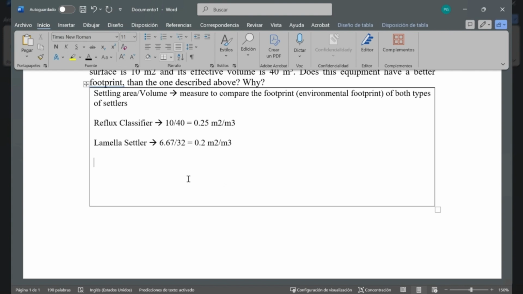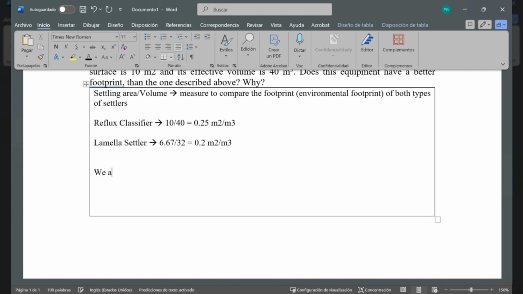So in that sense, we should select an equipment with a higher effective settling area per unit of volume.